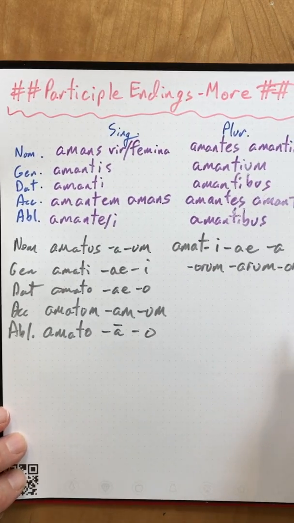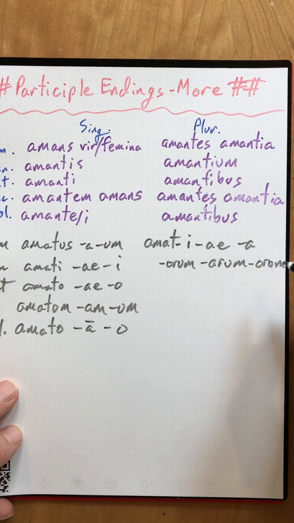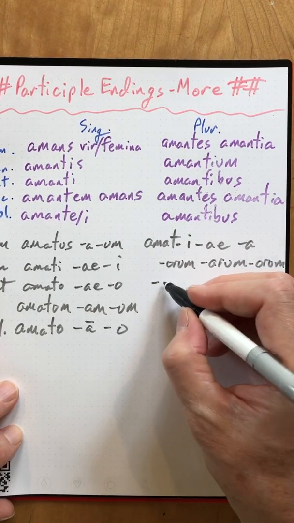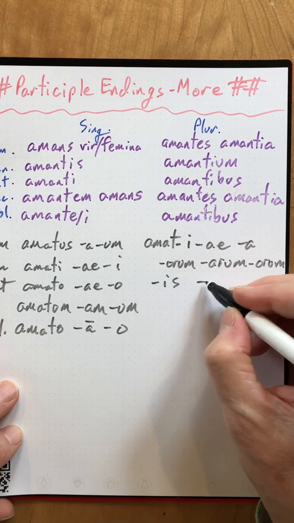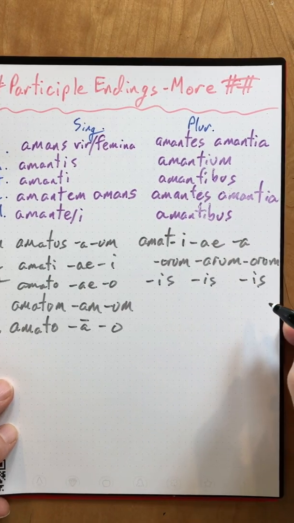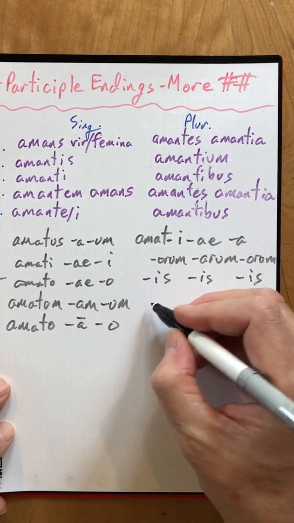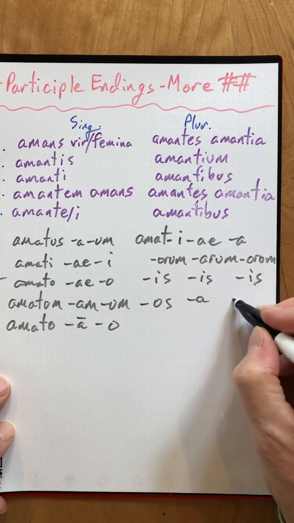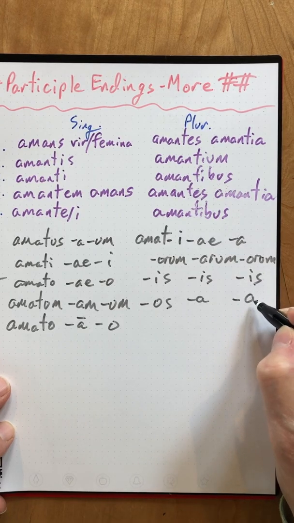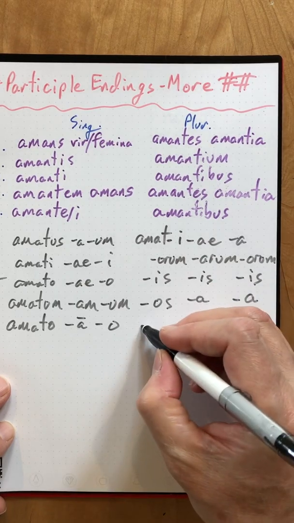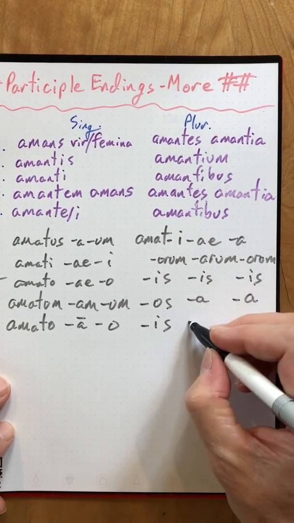So it's showing there. Oop, a little bit off the page. Sorry about that. Okay, didn't realize. And dative, plural, is. Can you see that there? Good. Then the accusative, os, as, and a. And ablative, is.